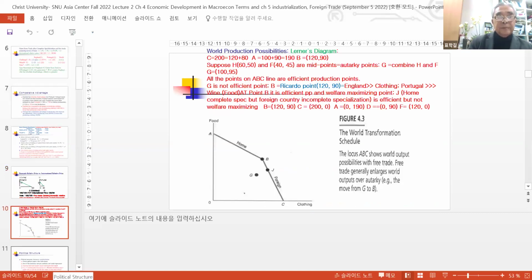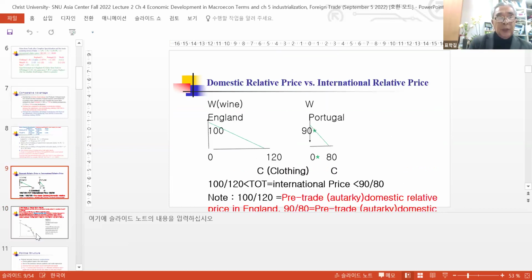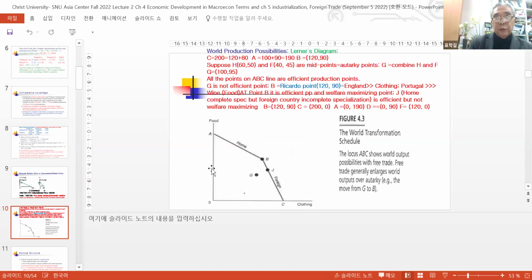For example, these diagrams can be combined together to show you the so-called world transformation curve, which is Lerner's diagram. And this is the home country, so 100 divided by 120, and the foreign country, 90 divided by 80.